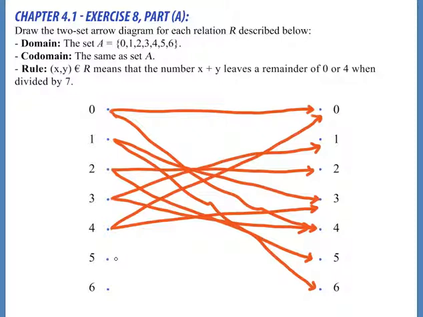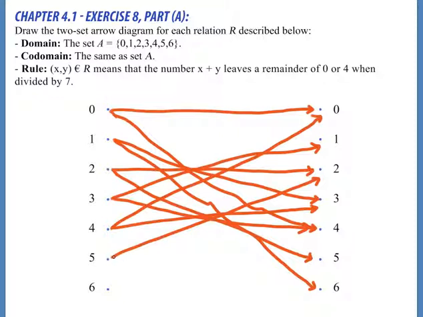And for 5, it would connect to 2, because 5 plus 2 is 7. 7 divided by 7 would leave a remainder of 0. And then 5 plus 6 is 11 divided by 7.